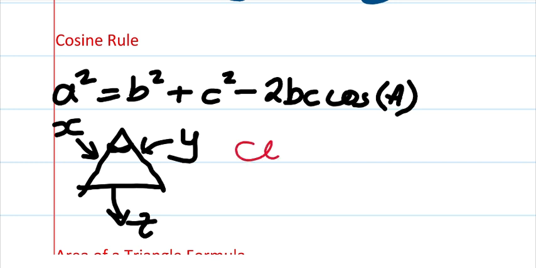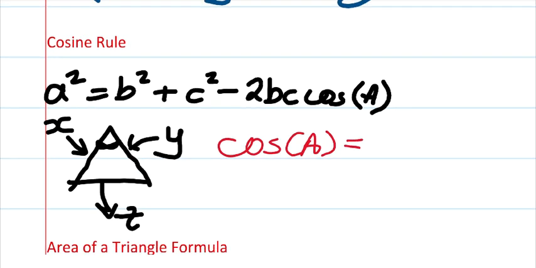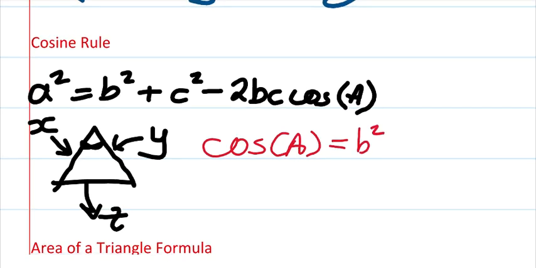This would give you cosine of A is equal to b squared plus c squared minus a squared, divided by 2bc. Remember, the angle A is the one opposite the side a. The key idea of this is that it's Pythagoras' theorem extended a little bit.